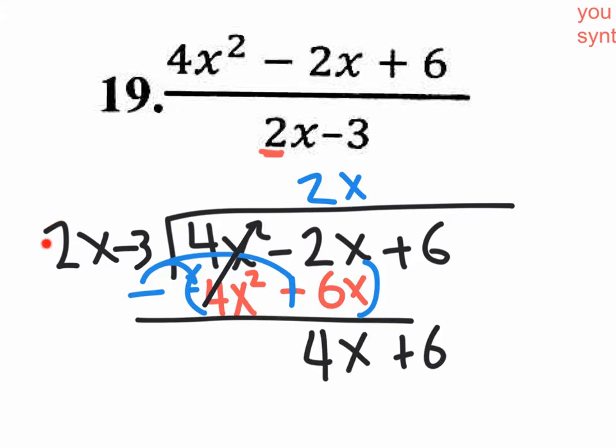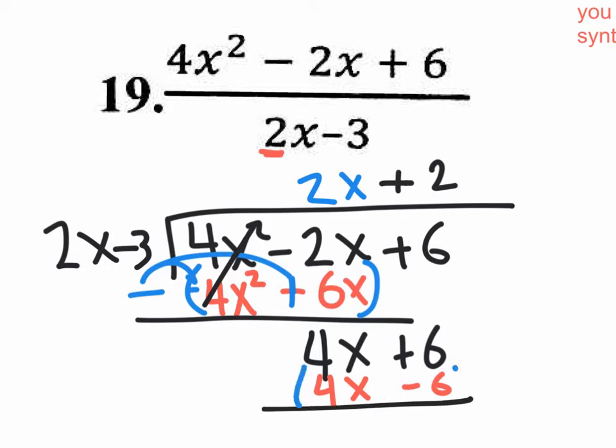And once again, you go 2x times what will give us a 4x. That's going to be plus 2, okay? Because 2 times 2x is 4x, and then 2 times negative 3 is negative 6. And of course, we are subtracting.